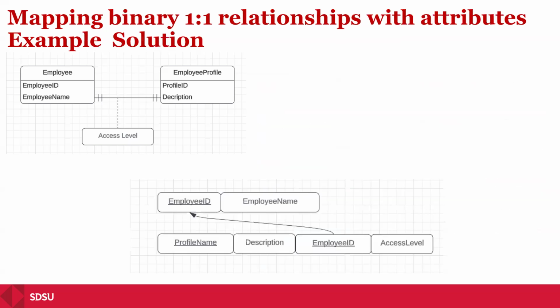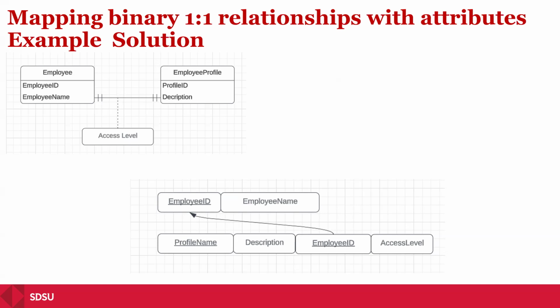So in this case, we are going to have two separate relations for the employee ID and employee name, but we also add employee ID on the dependent side of the relationship. So in this case, it's going to be an employee profile.